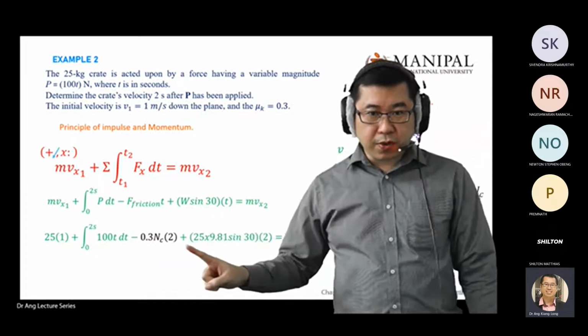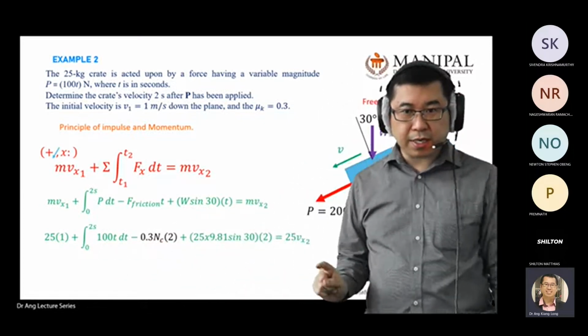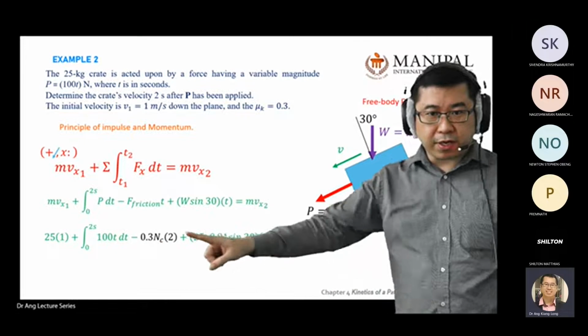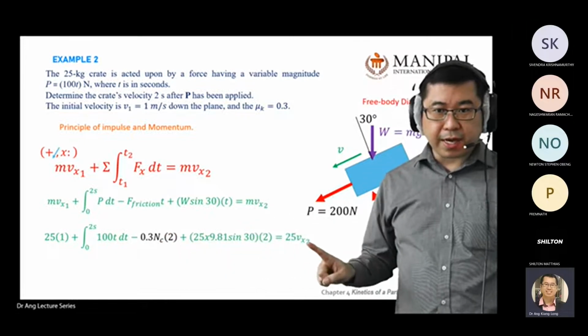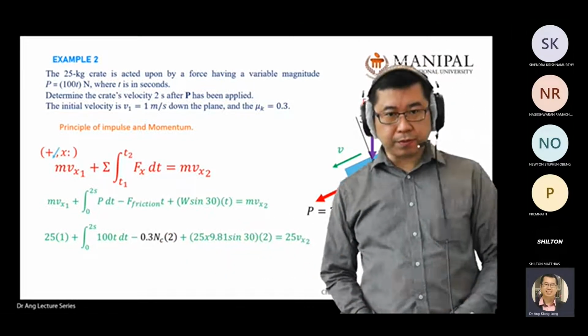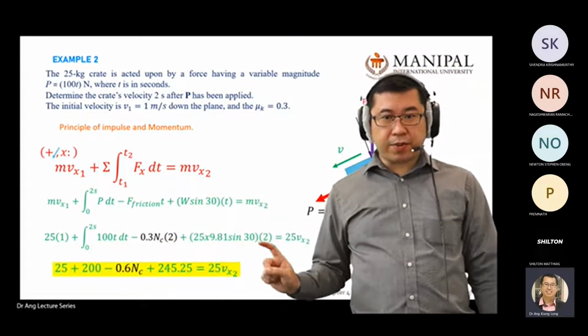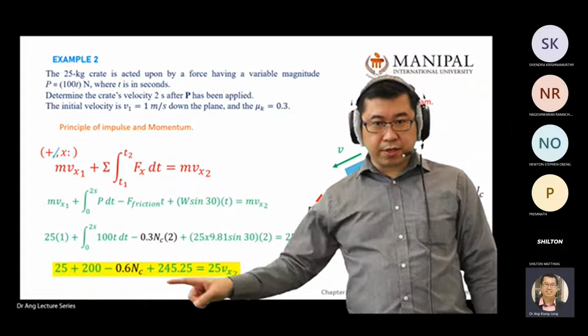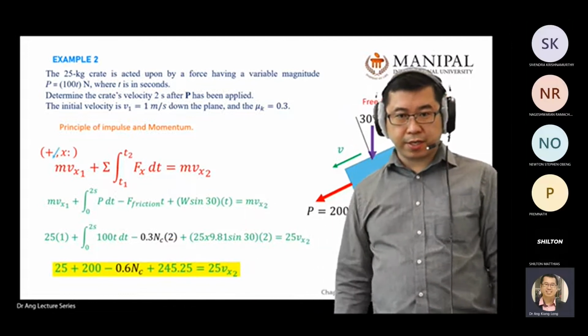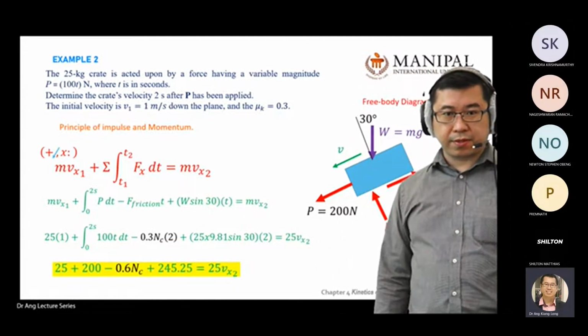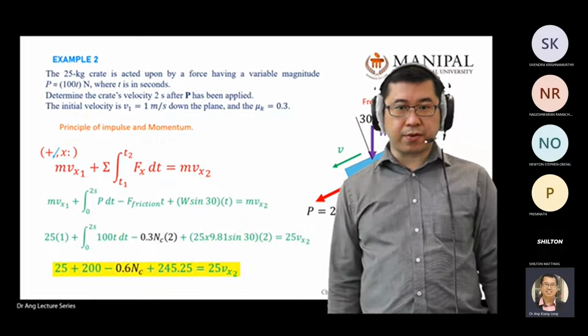So here you have Nc missing, or the normal force missing, and V2 missing. You rearrange, you get one equation.